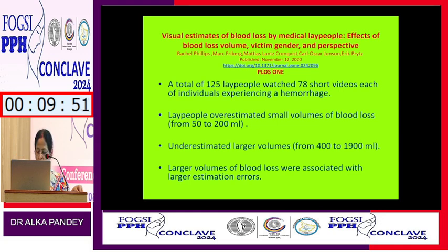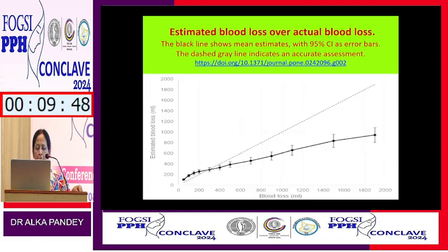So you can see in this slide that the black line shows mean estimates with 95% CI as error bars. The dashed gray line indicates an accurate assessment.